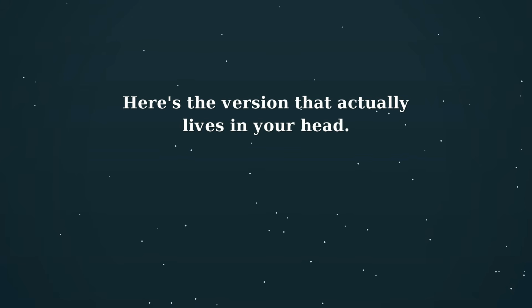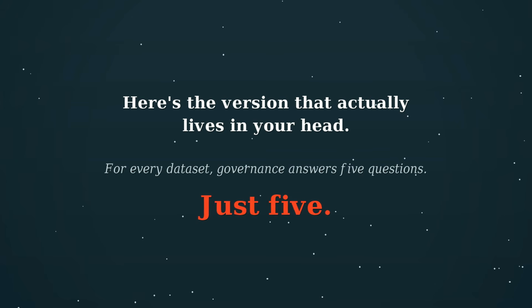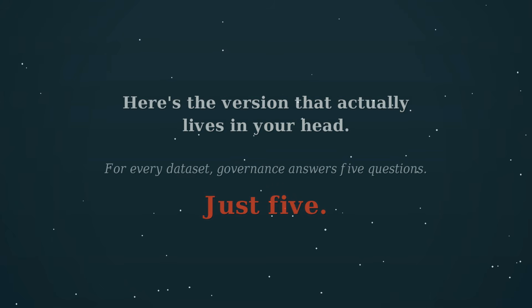Here is how I want you to think about governance. For every single dataset in your company, governance answers 5 questions. Just 5. Memorize these, because honestly, this is the spine of the entire topic. And if you get asked "what is data governance?" in an interview, this is the answer that makes you sound senior.